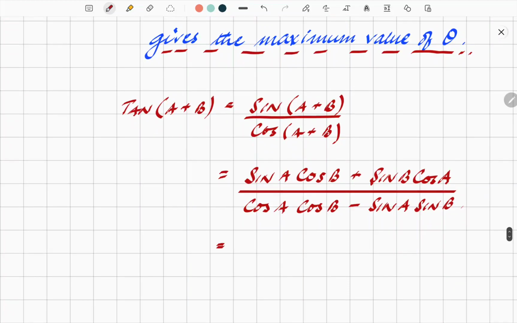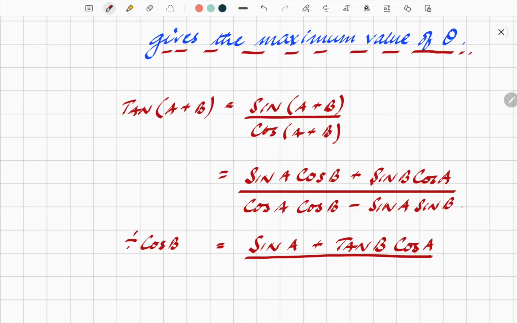Okay, and if we divide everything by, what should we go for first? Let's see, cos b. Let's get rid of that one first. So we get sine a plus tan b cos a, and it's cos a minus sine a tan b again.